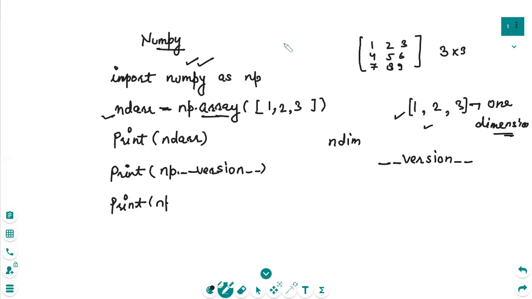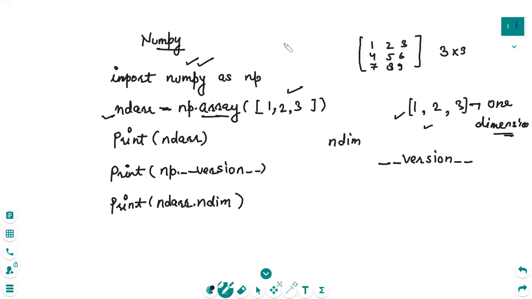So now nd array dot ndim, it will return the dimension of that array, right? So what is the dimension of this array? This is a one dimensional array, right?